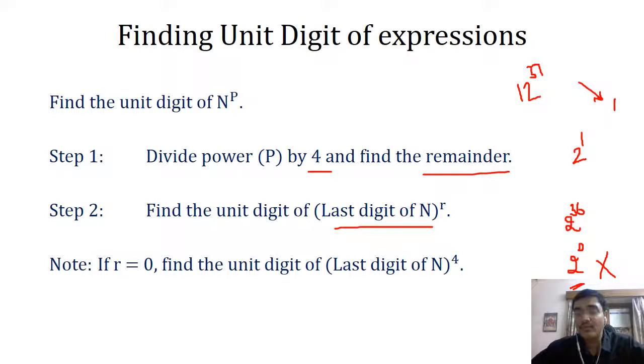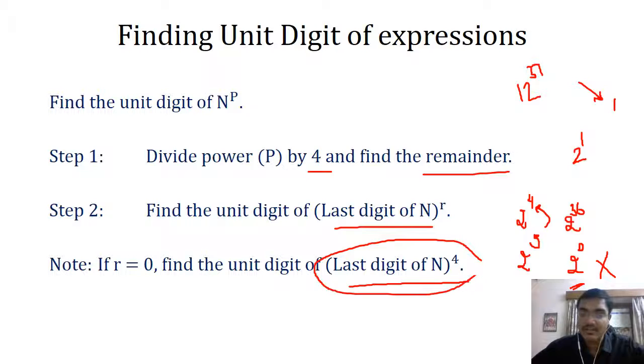What you have to find is the unit digit of n to power 4, because it is a multiple of 4, so we replace 0 by 4. So you will have to find the last digit of n to power 4. In that case, we would have taken 2 to power 4 and our answer would have been 6.